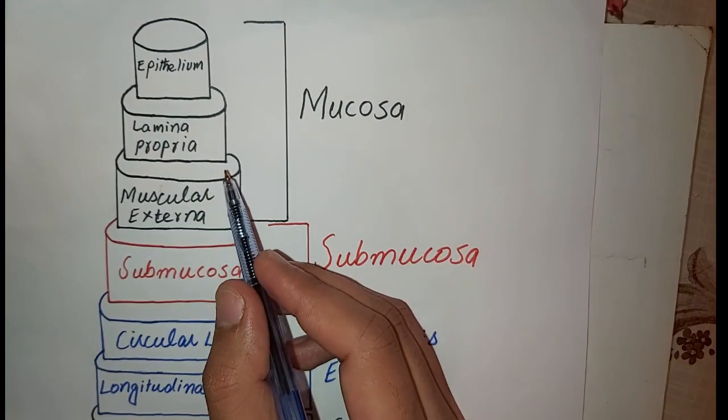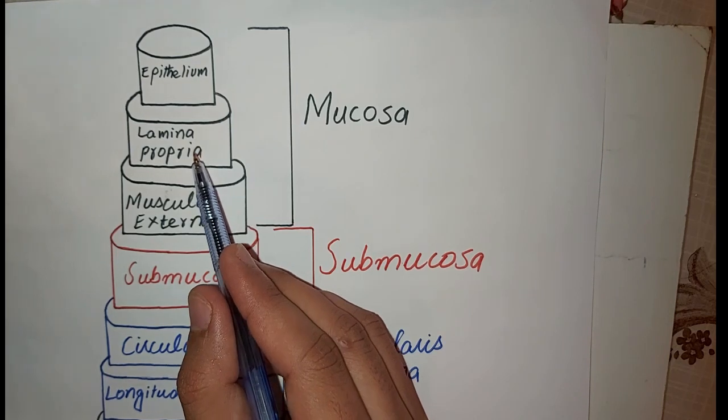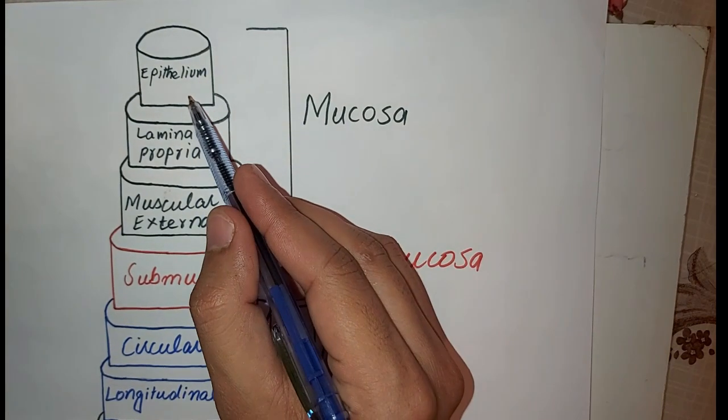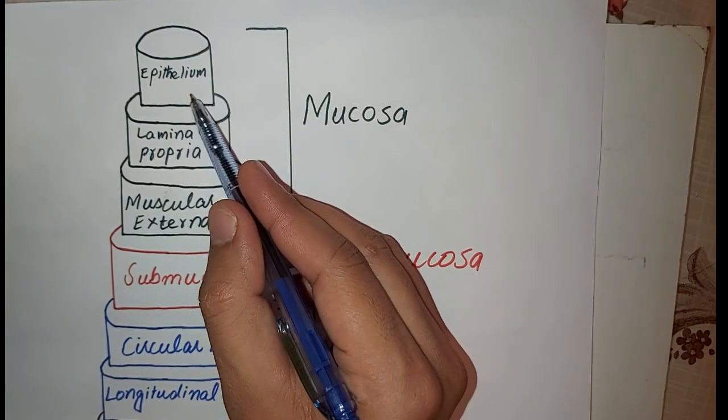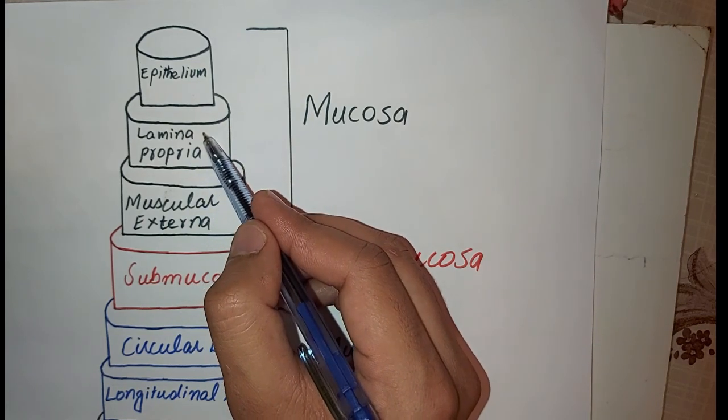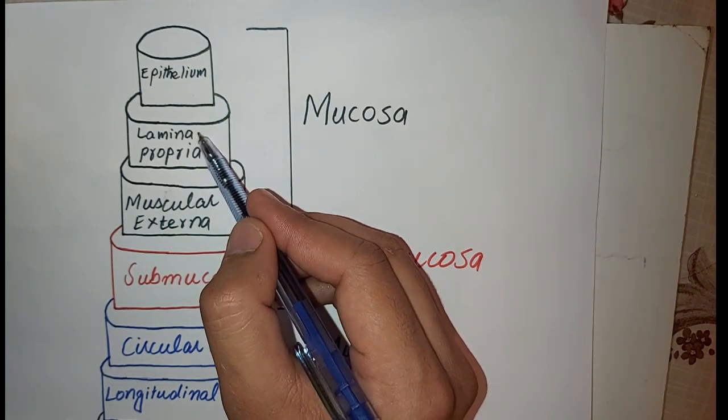In the diagram, we have seen already that lamina propria is present beneath the lining of epithelium.